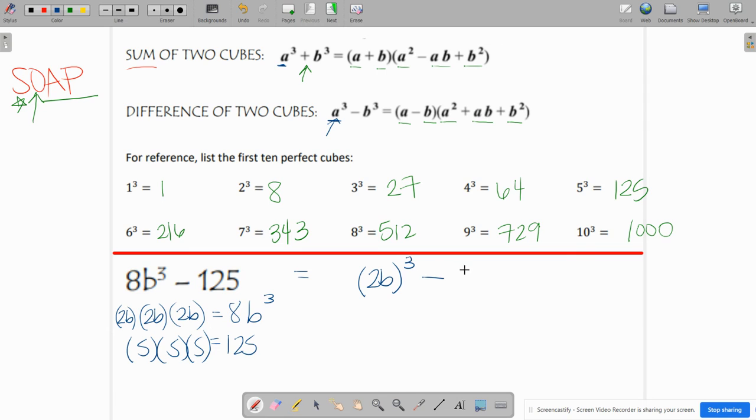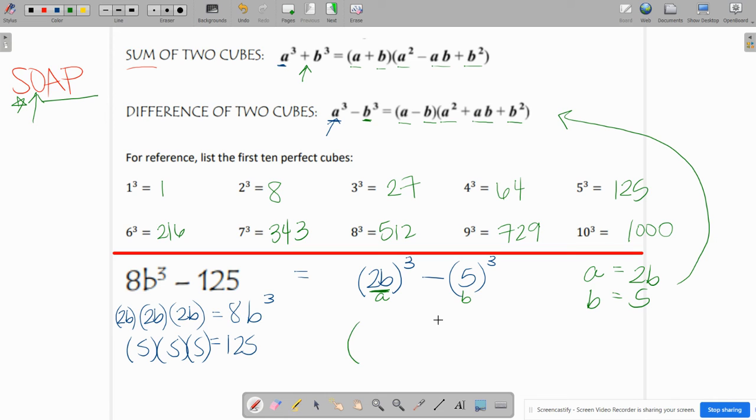You can see that this 2b is what we considered A up here, and this 5 is what we considered B. It would probably be helpful if we didn't have a B here and a B here, but just try to follow along with me. So A is going to be 2b and B is going to be 5, and when it comes to this expression up here, we just need to fill it in.